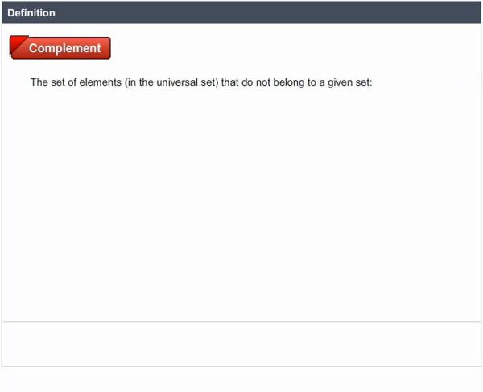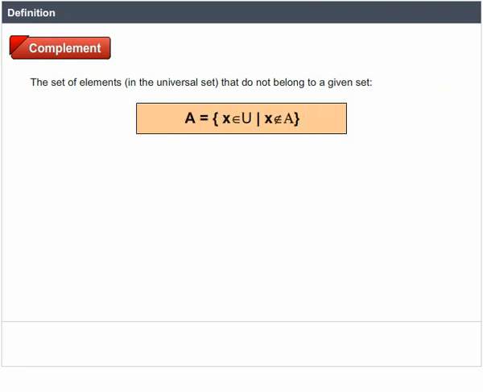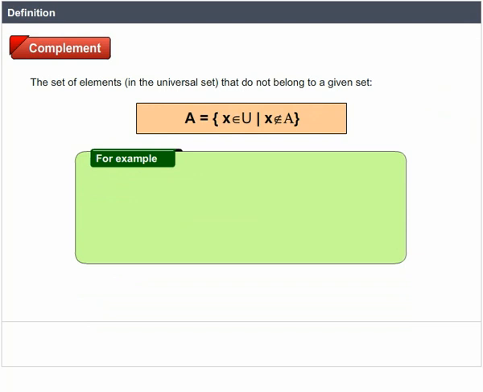Complement. The set of elements in the universal set that do not belong to a given set. A' equals {x belongs to U such that x does not belong to A}. For example, U equals {1, 2, 3, 4, 5} and A equals {1, 2, 3}.